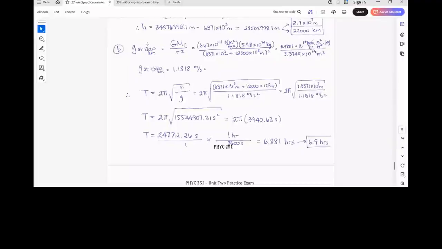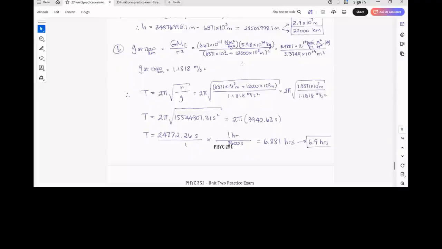And what I chose to do here was to just calculate lowercase g outright so that we could see just how much smaller it was compared to the value that we use whenever we're working on or very near Earth's surface. So again, I plugged in the altitude that we were given with the radius of Earth.